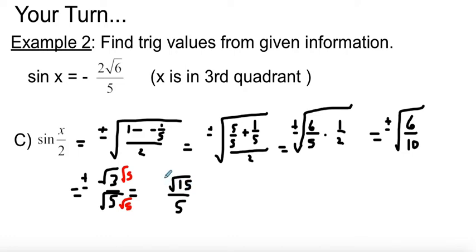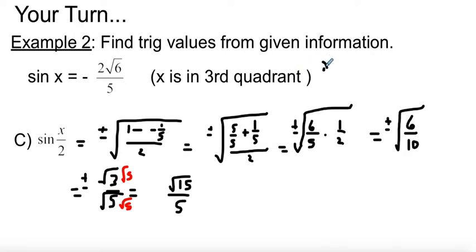And then we've got to make a decision here. x is in the third quadrant. If x is in the third quadrant and you do the half angle, think about something in the third quadrant, maybe like 220, and you take half of that, you're at 110, and 110 is in the second quadrant.